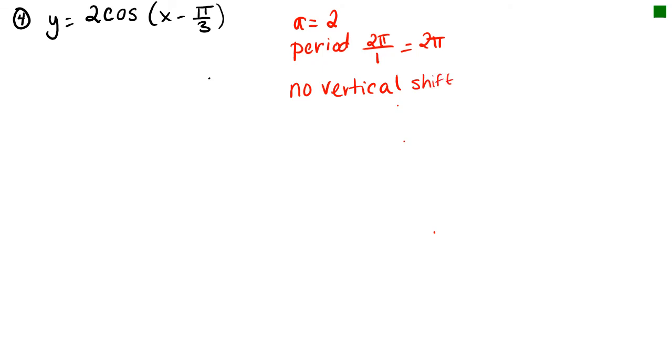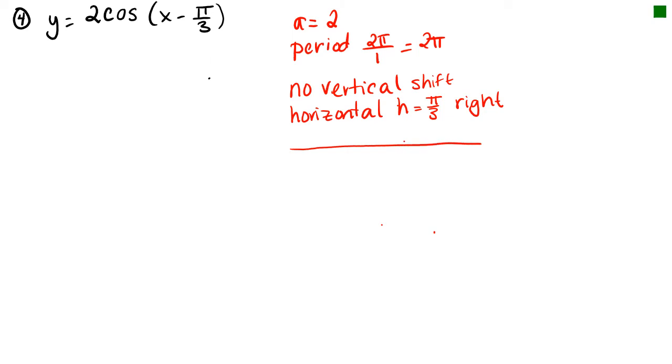All right, horizontal is going to be h equals positive pi thirds. So we're going to shift to the right because remember opposite signs. Let's think about the original period and then we're going to add the shift to that. I'm going to write that over here.